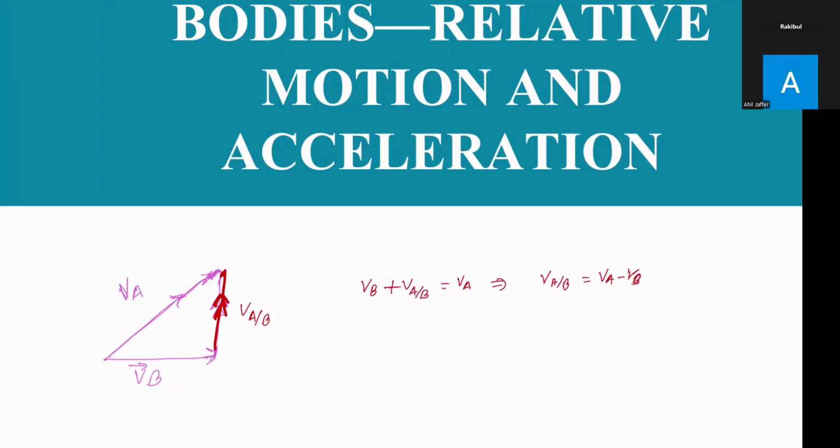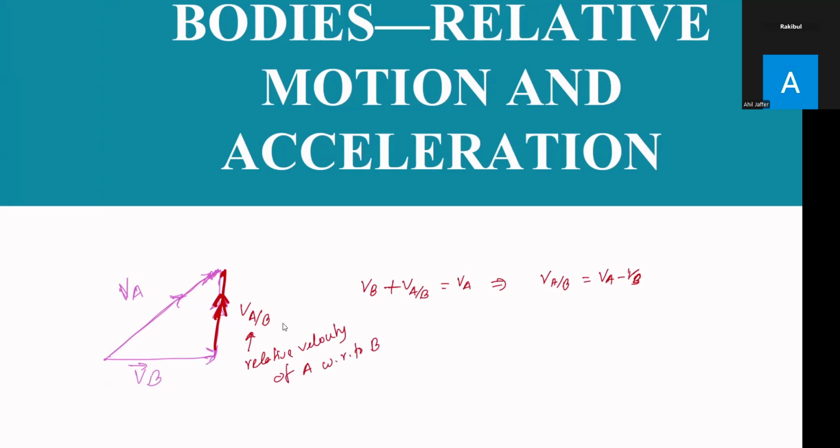That means whenever we are assuming VAB, we are keeping B as a constant, and the arrowhead is towards the motion of A. So this is VAB, the velocity of A with respect to B. That's why it is the relative velocity of A with respect to B. Clear?